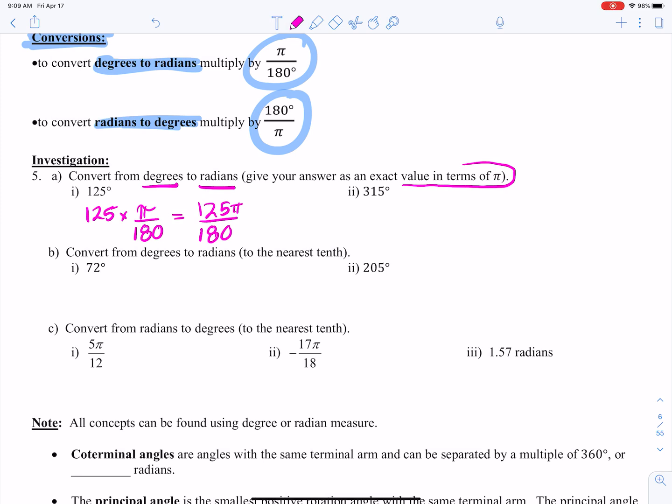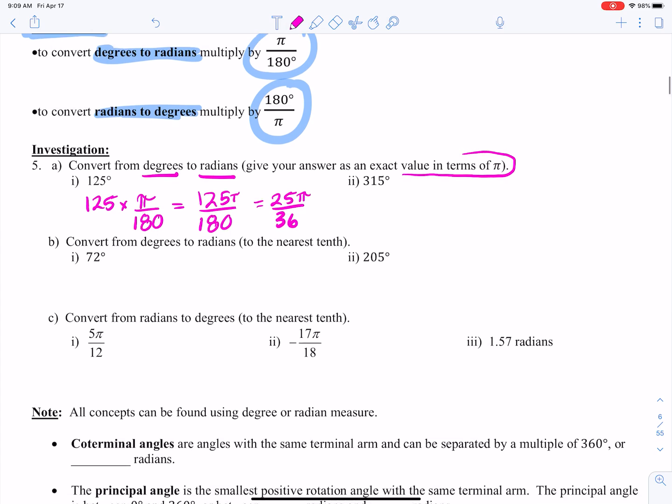A little trick is just to put 125 divided by 180 in your calculator, and you can go math, enter to reduce the fraction. When you're doing that, just don't put the pi in there or else it's not going to work for you. So when I do that, I end up with 25 pi over 36. So there's my exact value answer in terms of pi.